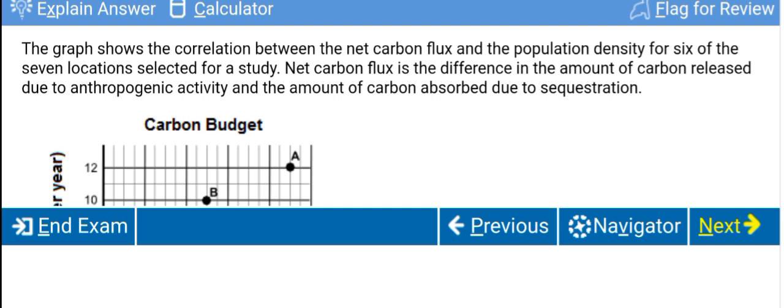Net carbon flux is the difference in the amount of carbon released due to anthropogenic activity and the amount of carbon absorbed due to sequestration.